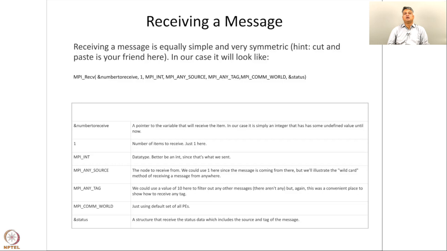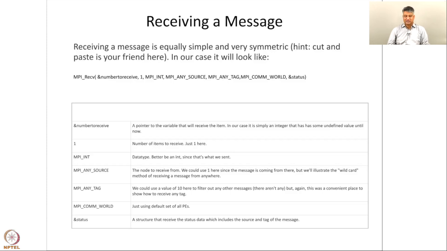The next two arguments are very interesting. Now, we can receive a message from a particular source, or we could say that I don't care, I can take the message from any source and put it at that particular memory location.